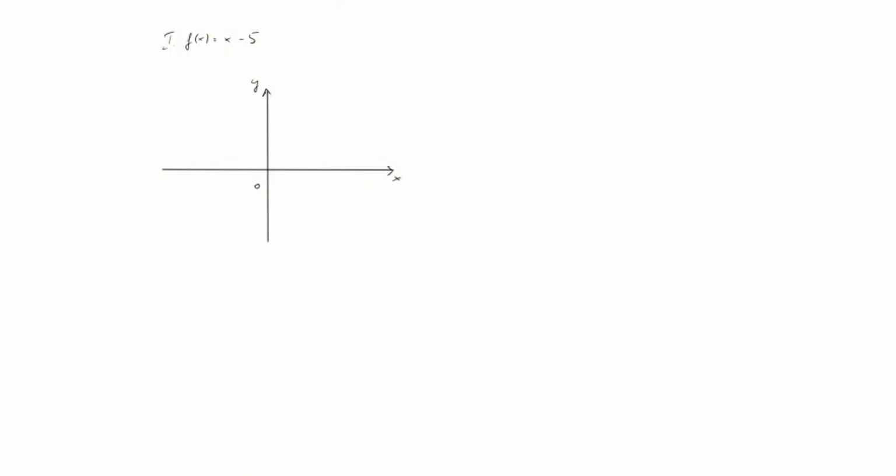Let's see if x equals 0, what will be f of x. If we plug in 0 into this function, then f of x will be 0 minus 5, which is minus 5. So the point P1 of coordinates 0 and minus 5 will be part of the graph.